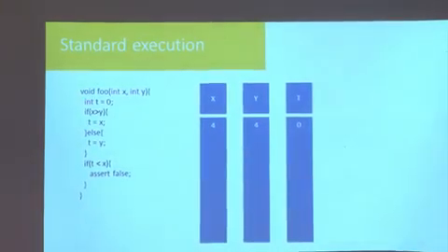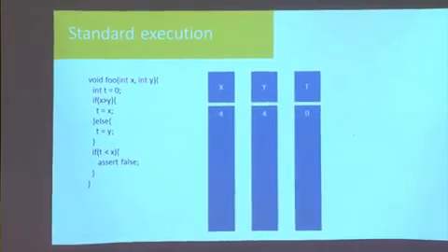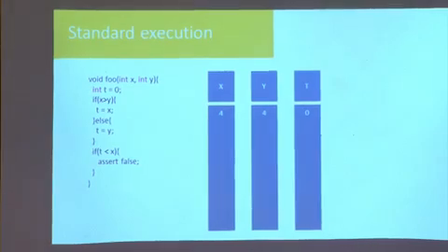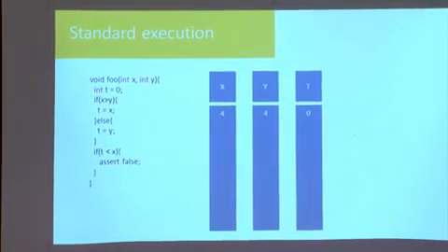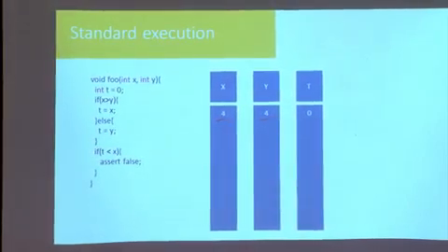So one of the things I can do is I can try just testing. I can go in and run this code with a concrete input, right? So let's say that I start with an input where x is 4 and y is 4. And initially, t is going to have the value 0 right after I declare it.